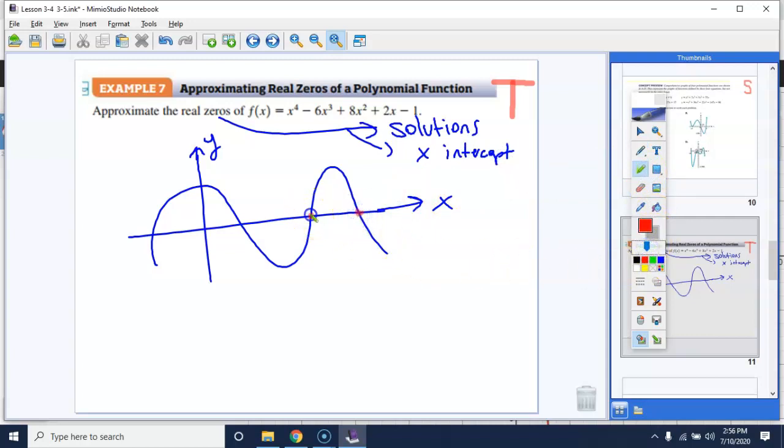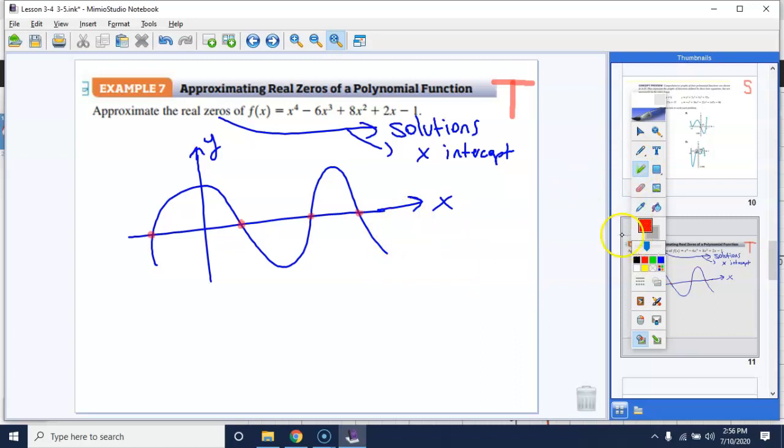This one's an x-intercept, this one's an x-intercept. So this function has 4 solutions. This function has 4 x-intercepts. Or you can say this function has 4 real zeros. So to find those zeros, what you do is just grab and see those x-intercepts, which are your zeros, which are your solutions.